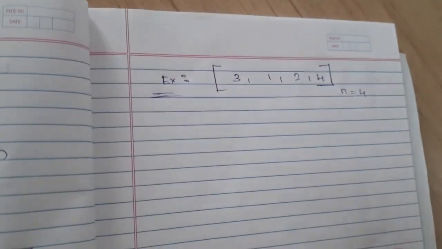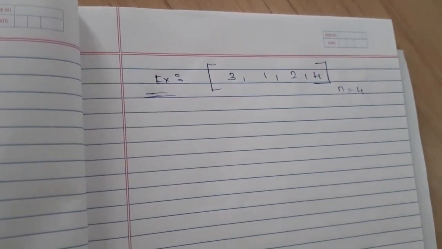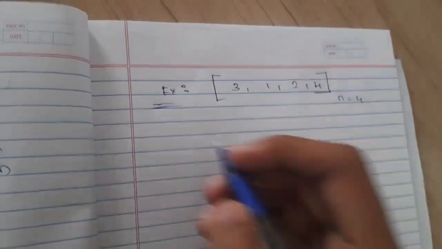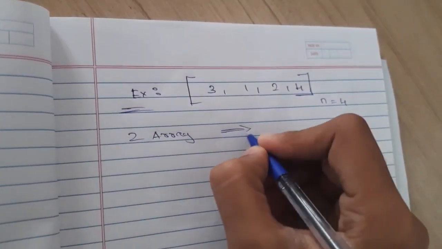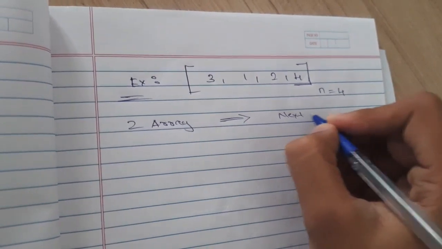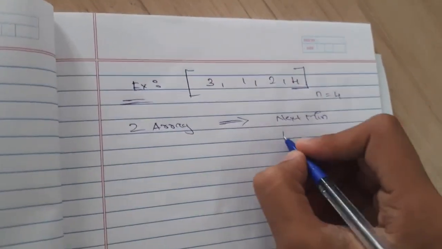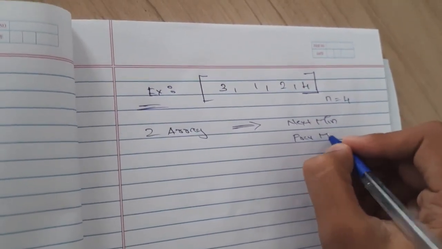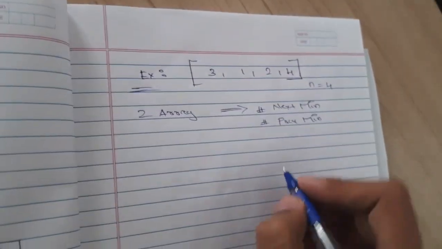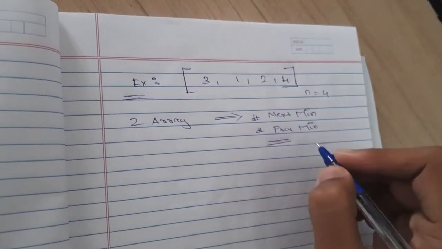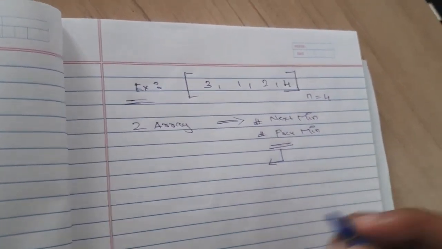The logic is that we have to calculate two arrays. The two arrays will be the next minimum and the previous minimum. So think about which data structure we can use to find this.